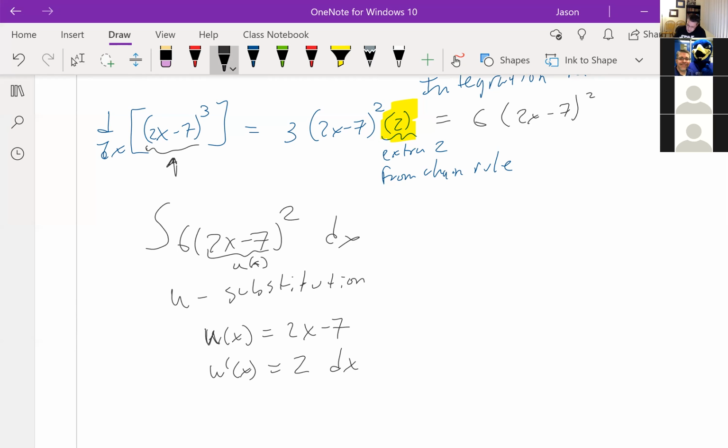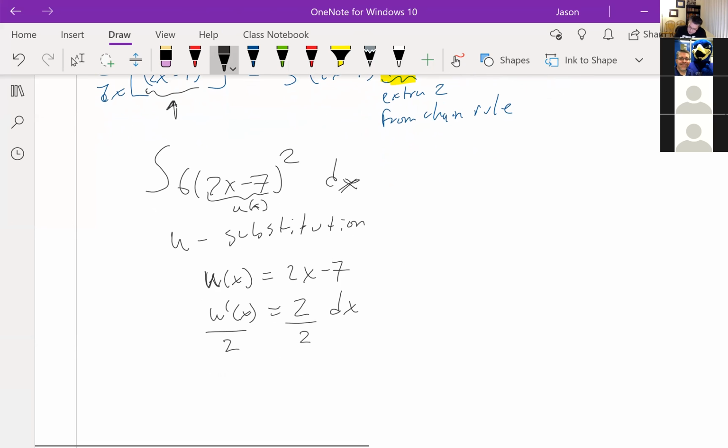Notice that I have my 2 taken into account. But the integral up here doesn't have a 2 dx, it has a 6. So I divide by 2, and I get du over 2 is equal to dx.